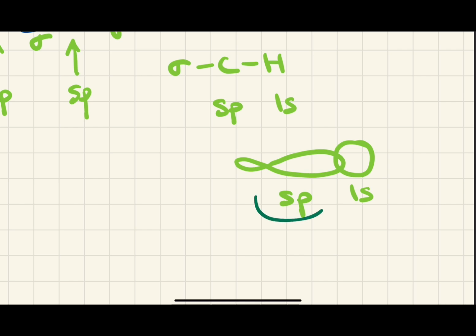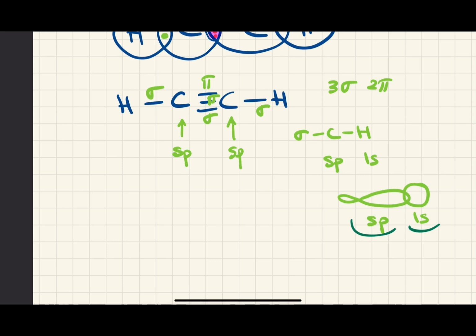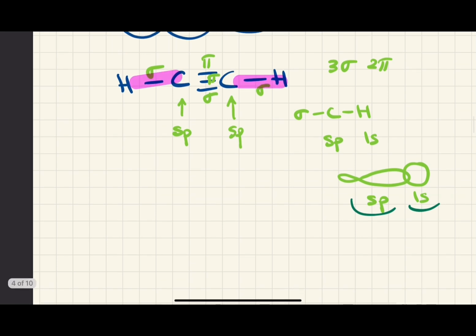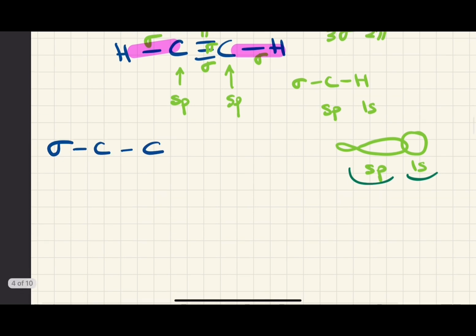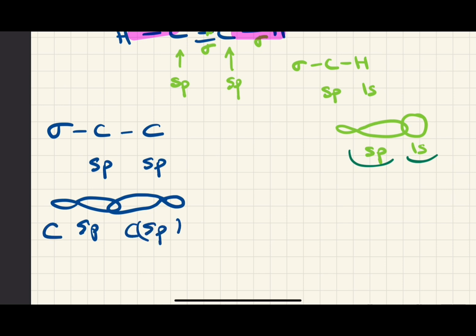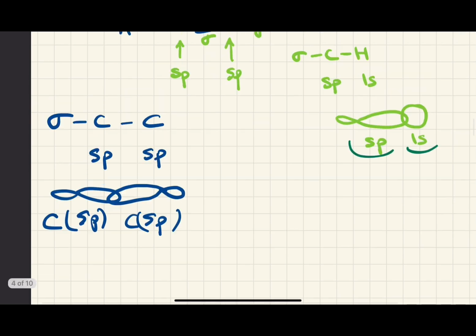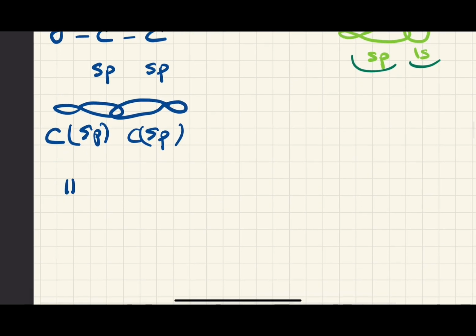You need to write the names correctly to be able to get the points. So we have done this, and this is out. Now we need to do in here the sigma between the carbon and carbon. That would be sp and sp, and the way it will look just like that. So sp and sp of the carbon, and then we have in here pi and pi of the carbon, so they are just the same type but 2 of them.